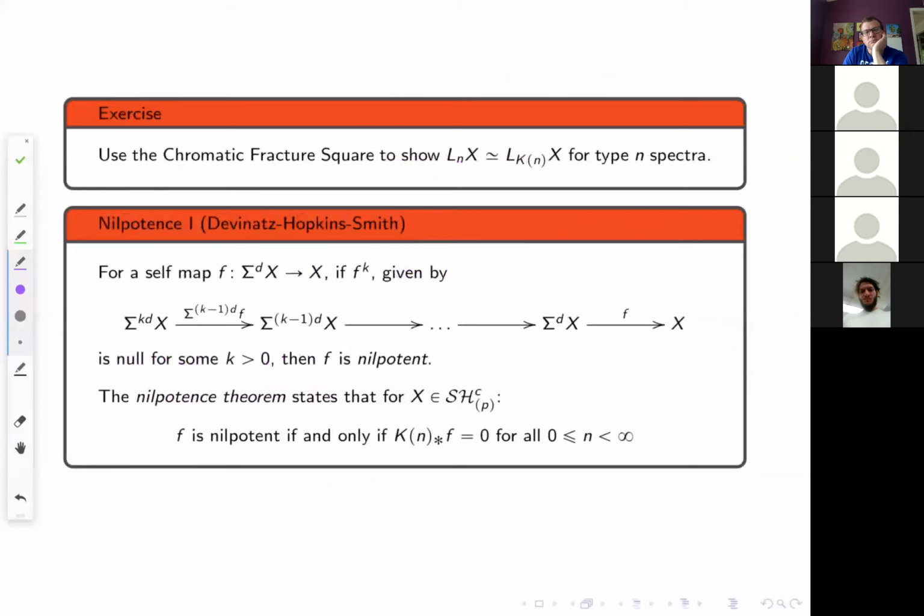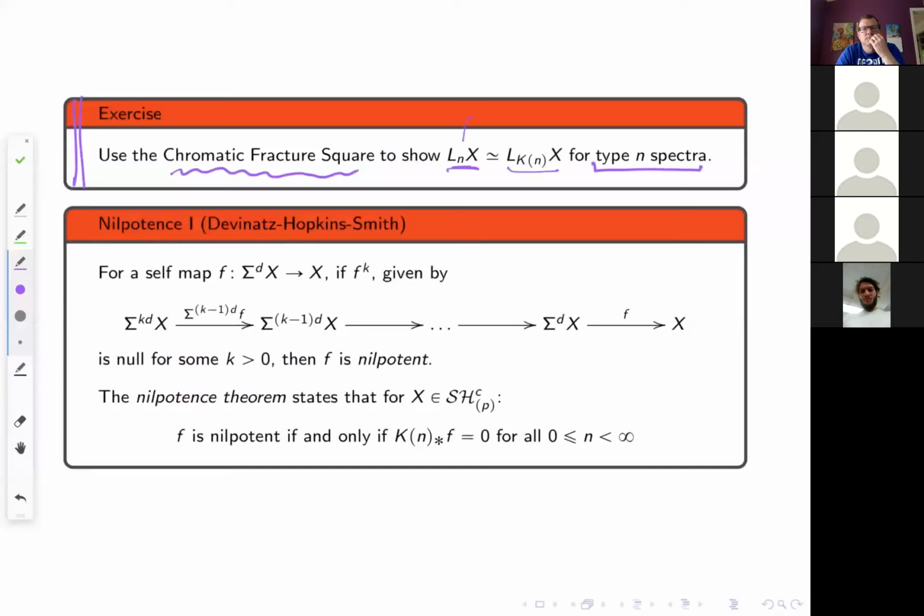So the exercise that I'm going to assign to you, if you want to do it, and that's going to come up later, is that now that we have the definition of a type n spectrum, from the definition I gave you can use the chromatic fracture square, which we introduced earlier, to show that in the case of type n spectra, Ln localization is the same as L_{K(n)} localization.